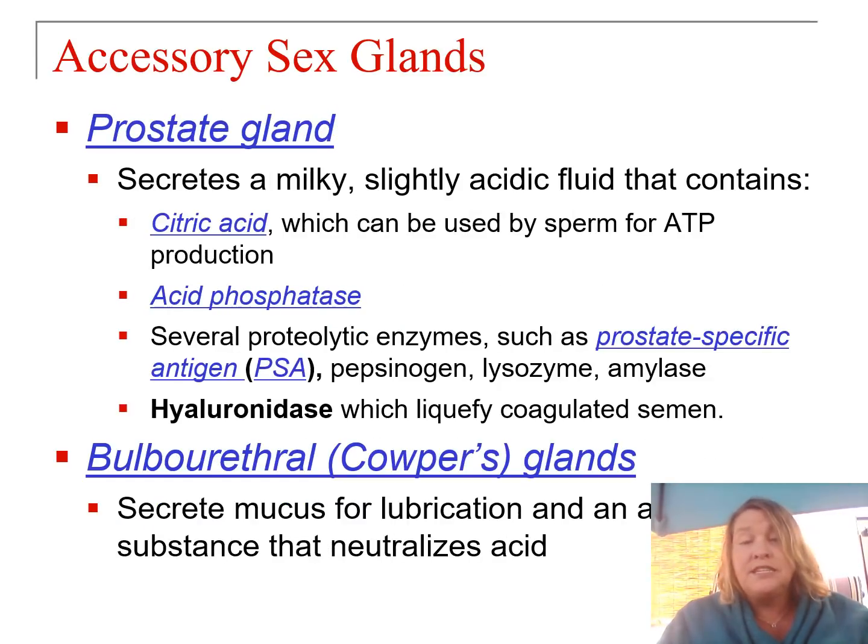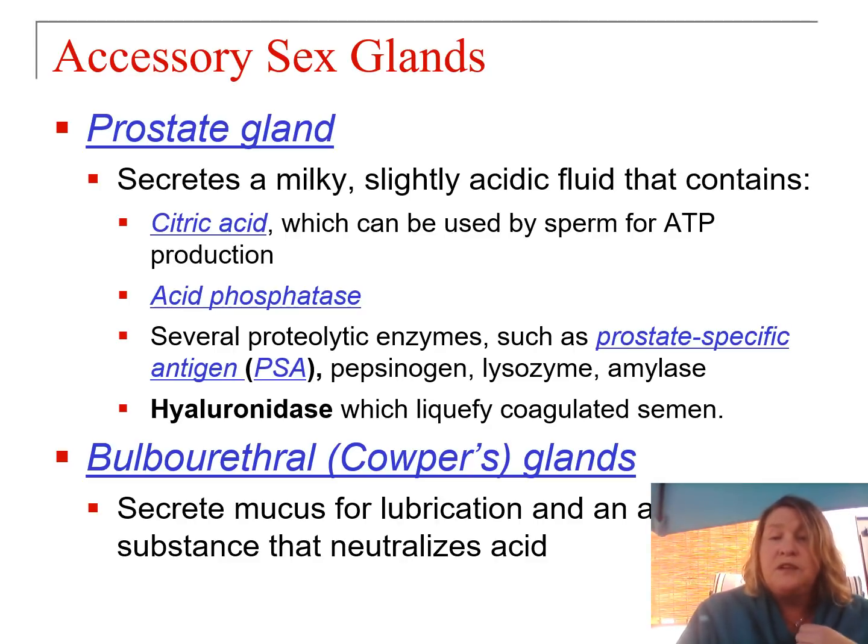Okay, next, the prostate gland. The prostate gland also contributes to semen, and it secretes a very milky, slightly acidic fluid. So it's a good thing we have the alkaline fluid from the seminal vesicles. But it also helps provide nutrients for sperm and ATP production by citric acid. It contains acid phosphatase, again contributing slightly acidic fluid.